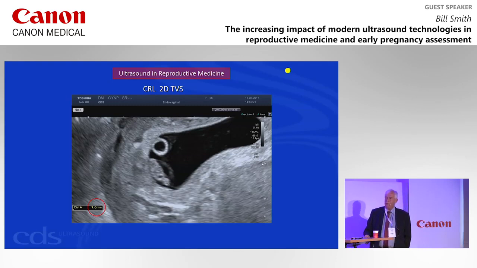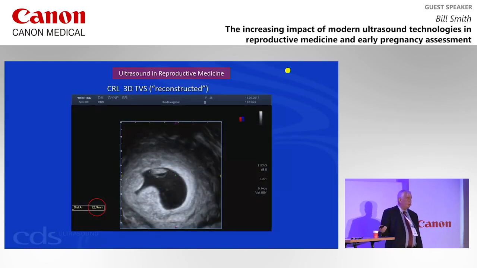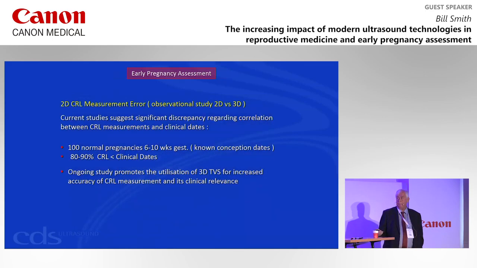So here's a crown rump length of 9 millimeters. That's our conventional 2D image. If we do a 3D sweep and we manipulate the 3D so we get a true crown rump length, you can see there's a significant difference in the crown rump length measurement. So if we're using 2D transvaginal scanning, and measurements are so important to the world, the measurements are inaccurate, okay?